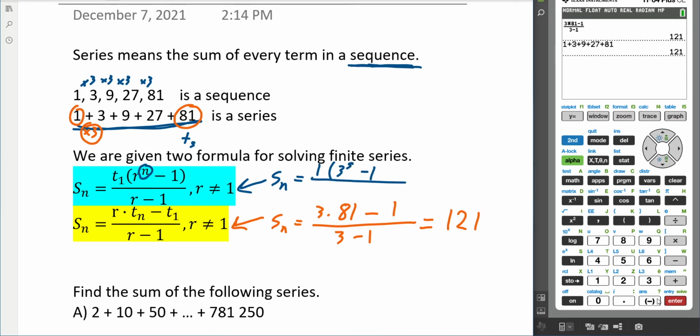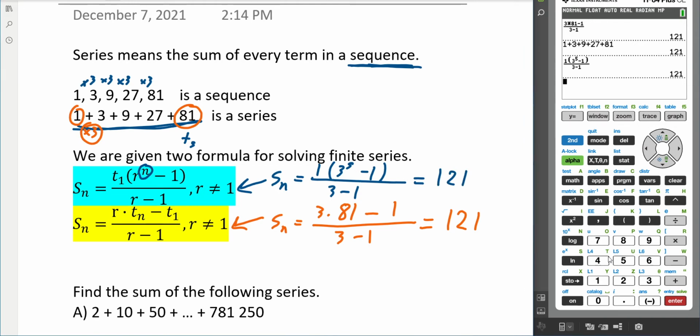And then R minus 1, so 3 minus 1 still at the bottom. Okay, and if we plug all that stuff in, we're going to get the same value, but let's plug it in anyway, just so you can see what that looks like. And I sure hope that we have the same answer.